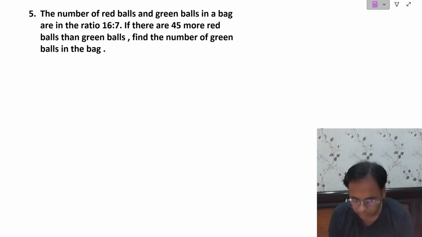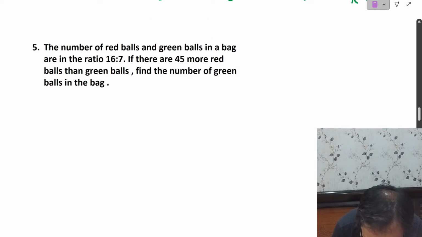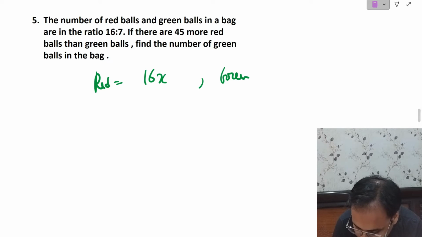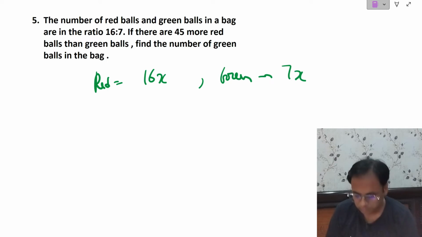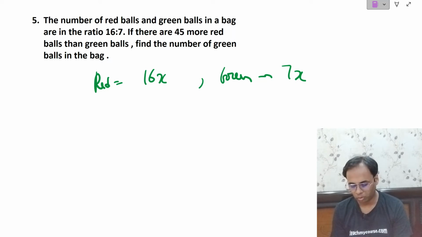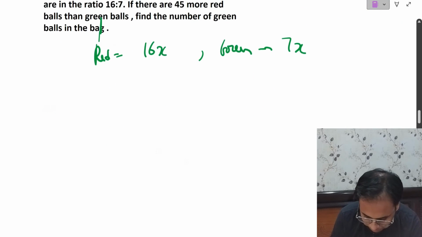The number of red balls and green balls in a bag are in the ratio 16:7. So maybe we can say the red balls are 16x, then the green balls would be 7x. Correct. Now it says that there are 45 more red balls than green balls.